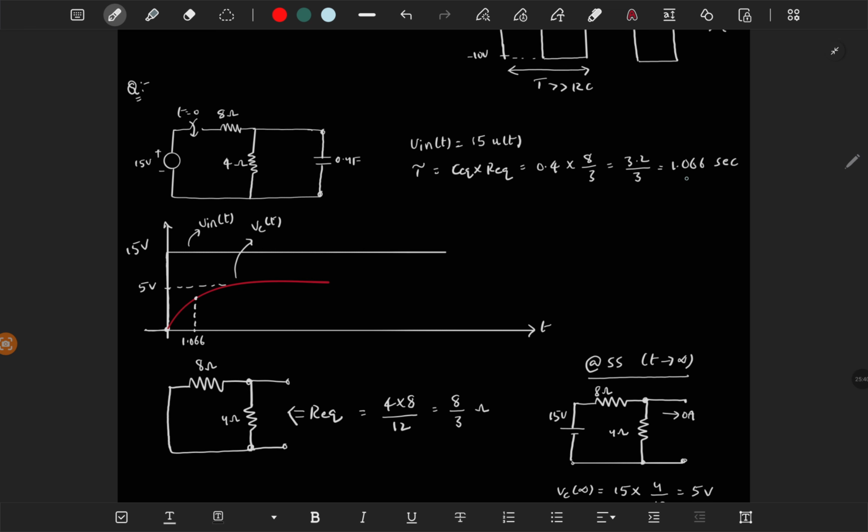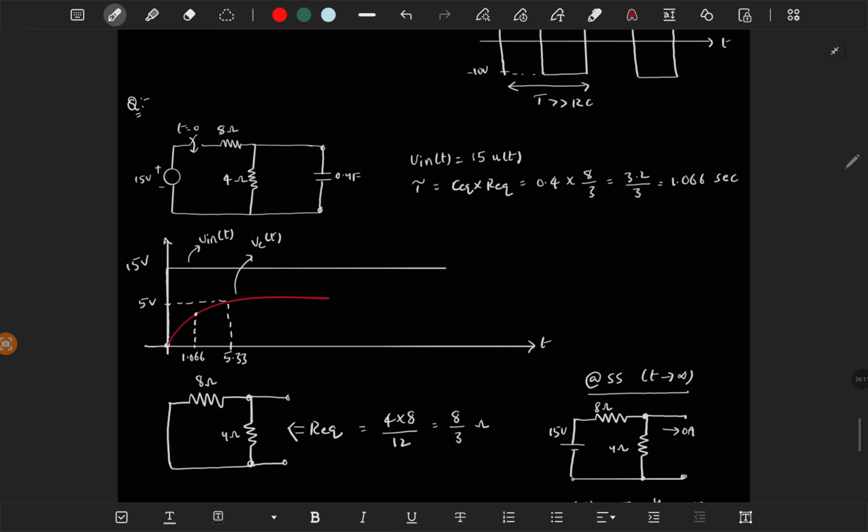So it is 5 times 1.06, approximately 5.33. So it will take this much time to reach more than 99% of its final value. If you wait for this time, maybe it has reached 4.999 something. So we can approximately take it as 5.